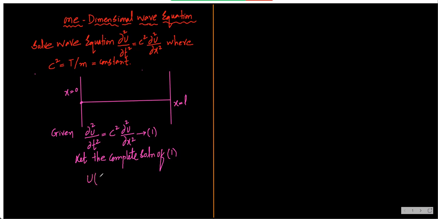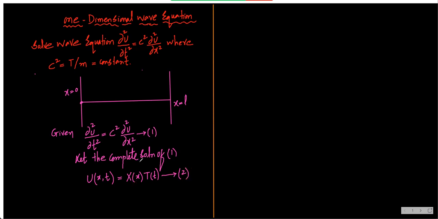How many variables are involved here? x and t. So here X is a function of x, we assume. Similarly, T is also a function of t. This is taken as equation number 2. You have to find out these capital X and capital T values.